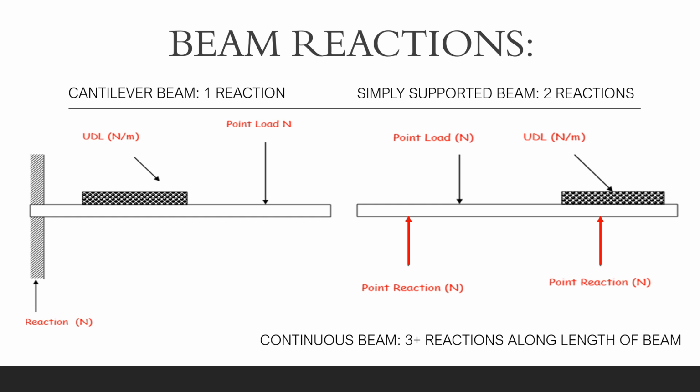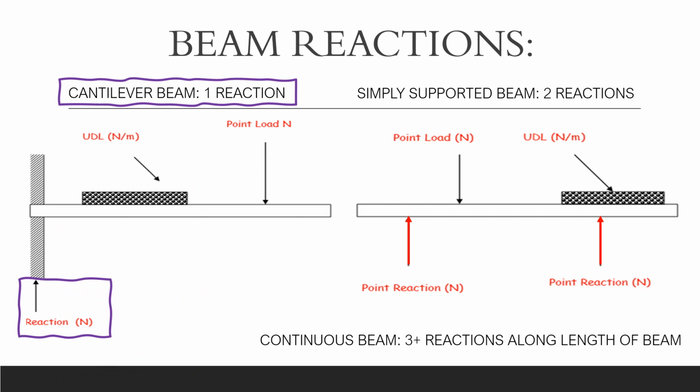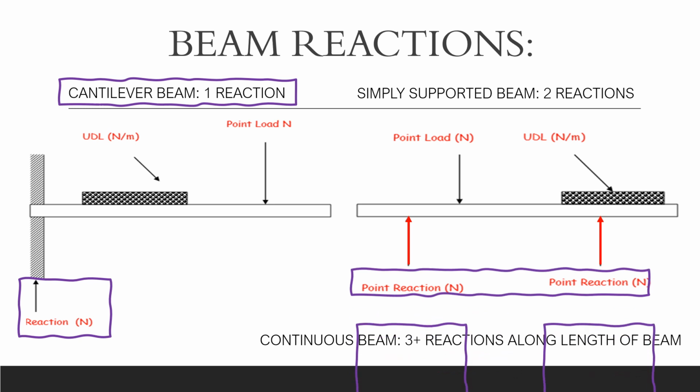So it's reactions we're trying to calculate. Once we know what the loads are, we need to know what the columns are now going to withstand. So reactions are basically the columns, the material that's holding these beams up. So if you've got a cantilever beam, you've only got one because you've got the wall that's holding it, or the column, depending if the cantilever beam's hanging off a column or a wall.